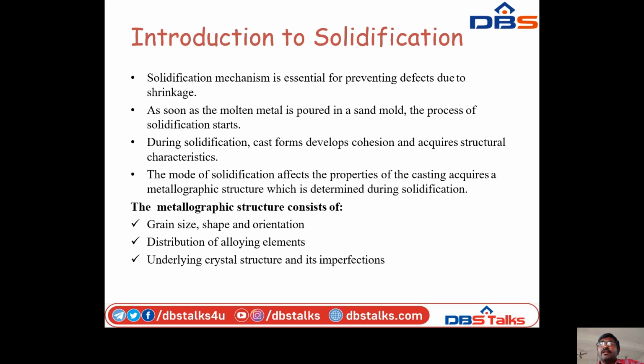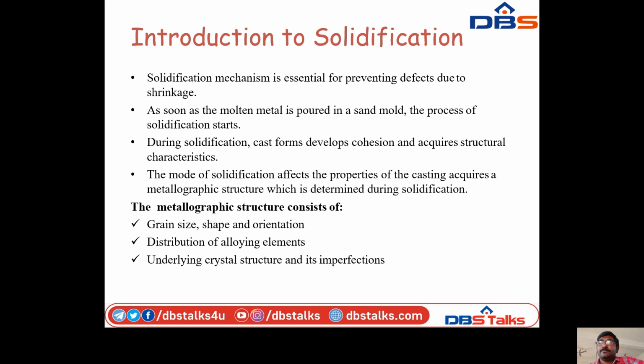As soon as the molten metal is poured in the sand mold, the process of solidification starts. During solidification, cast forms develop corrosion and acquire structural characteristics. The mode of solidification affects the properties of the casting achieved.